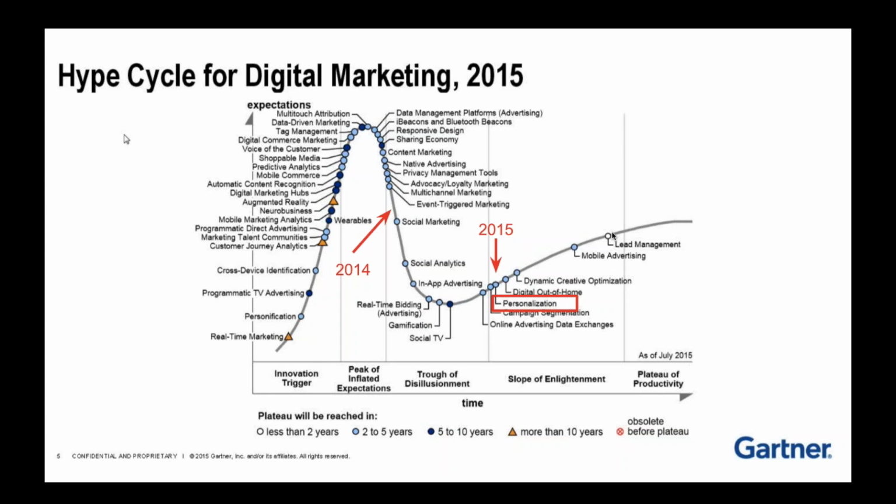Gartner hasn't published their graph for this year yet. But what I'm trying to show with this diagram is that personalization is now becoming mainstream. Some companies dabbled with it, tried it, really innovative clients put it into production, but the productivity and the revenues kind of failed to materialize. But now we're getting there.